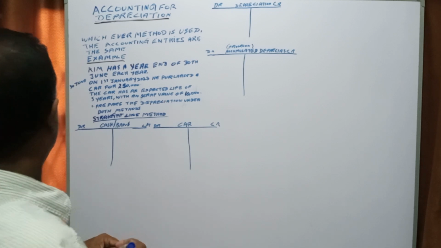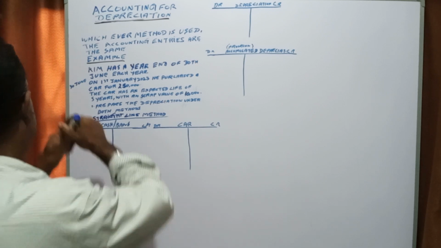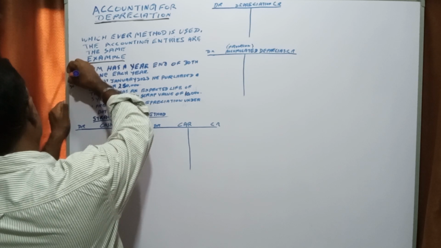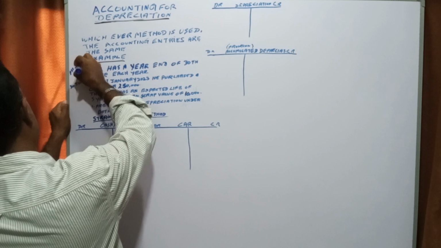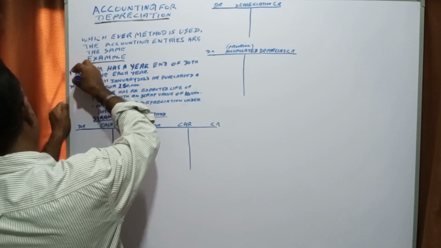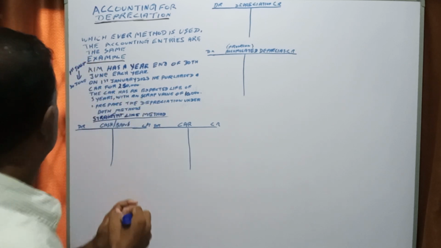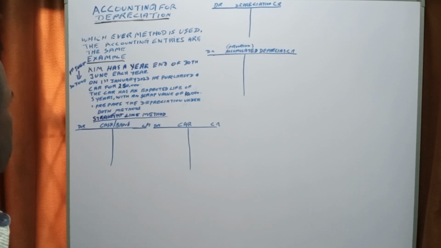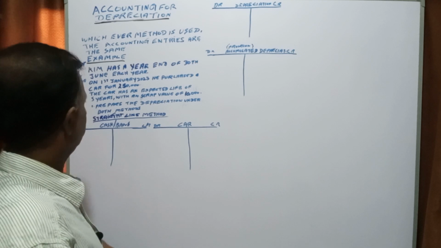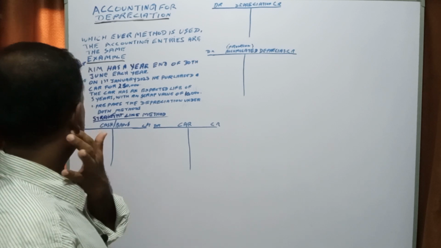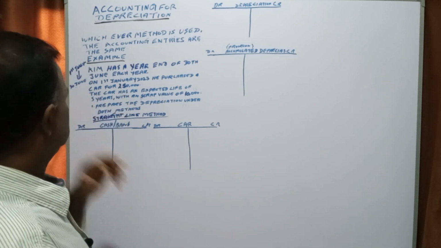The starting date is 1st July of the previous year to the next year's 30th June, which is the financial accounting year for his entity.